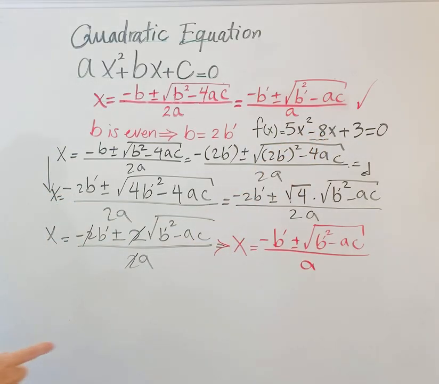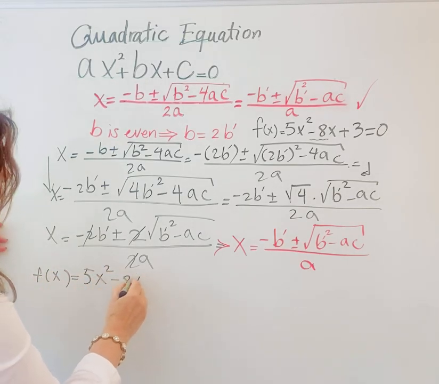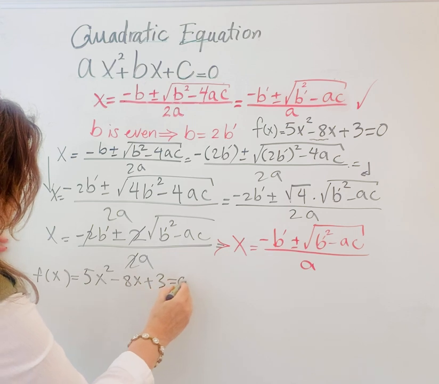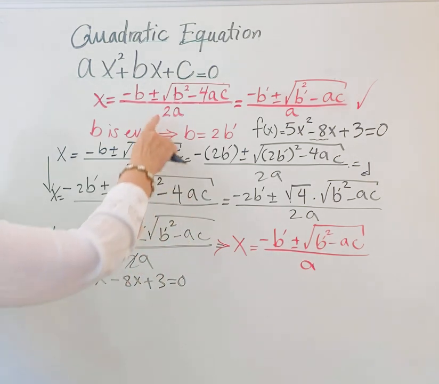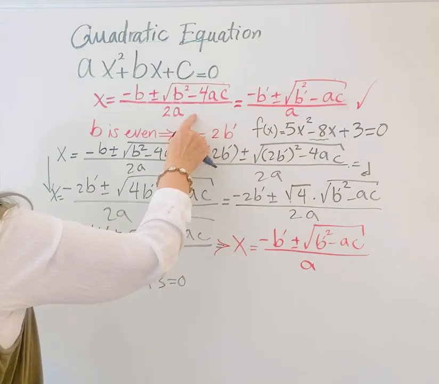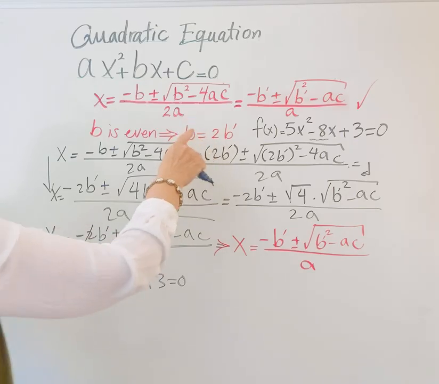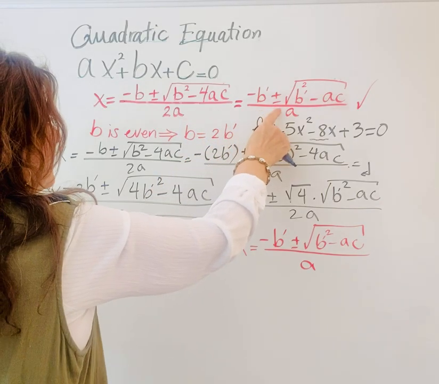Okay, how can we solve this? f of x is 5x squared minus 8x plus 3, equals 0. It doesn't matter which one we solve with, and we did it before with the other formula, but this time we want to do this one.